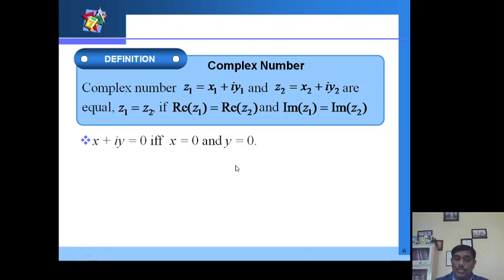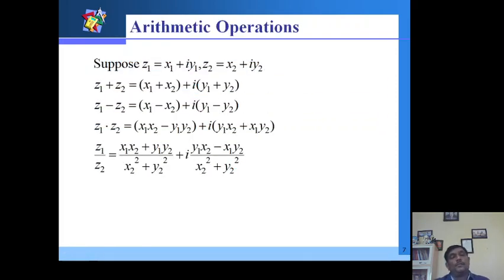Now we will discuss some arithmetic operations of complex numbers. These things you already studied in your UG courses. Suppose you take two complex numbers z1 and z2. The sum of two complex numbers can also be expressed as a complex number.